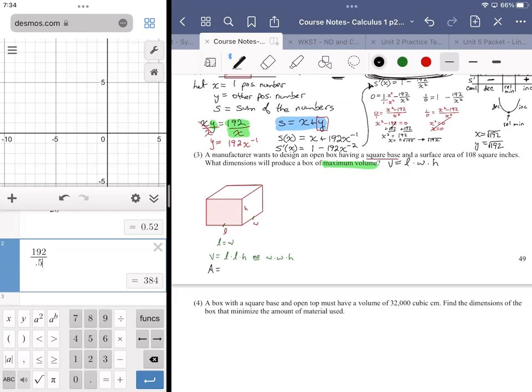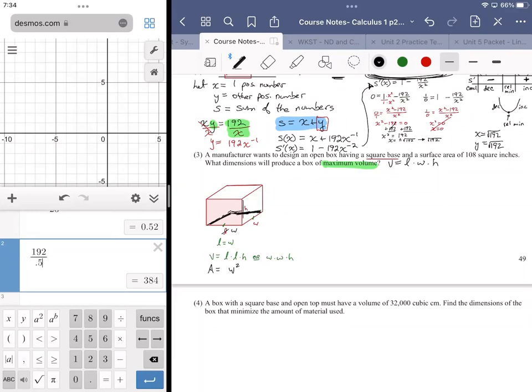So we'd be looking at the area of the base. At this point, we have to make a decision. Are we going LL or WW? WW sounds more fun, so that's what I would do. I'd let this be W. W by W would give me the base, so W squared.